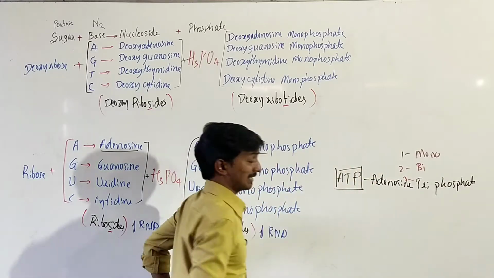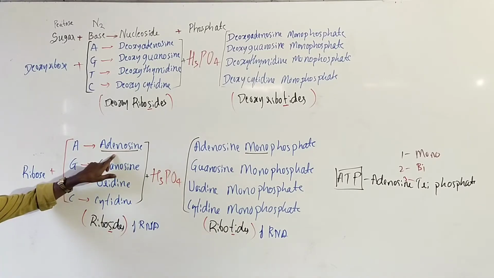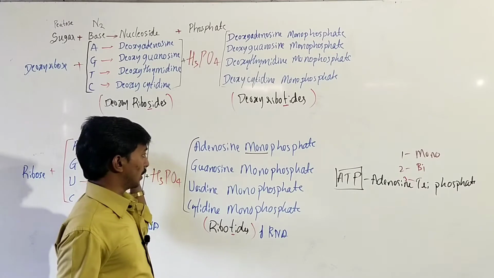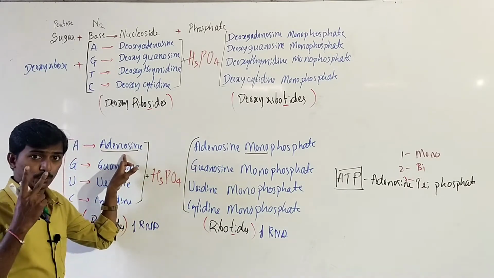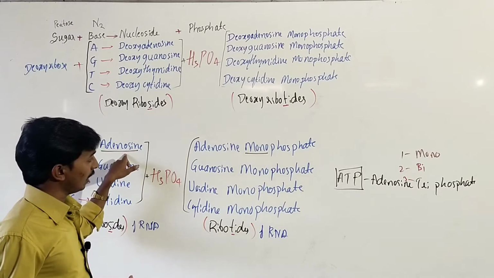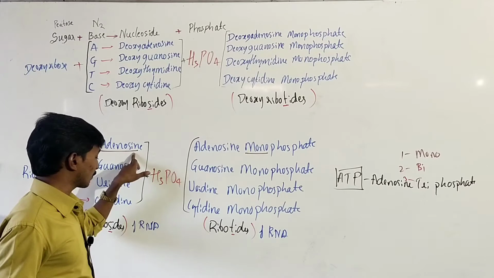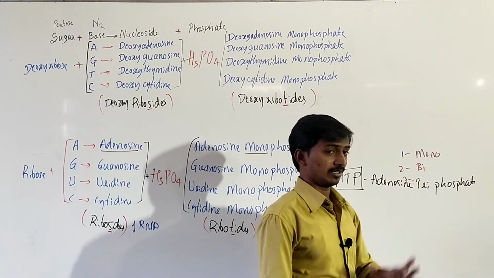For adenosine, if one phosphate binds, it is called adenosine monophosphate. If two phosphates bind, it is called adenosine biphosphate or diphosphate. If three phosphates bind, it becomes ATP, adenosine triphosphate.